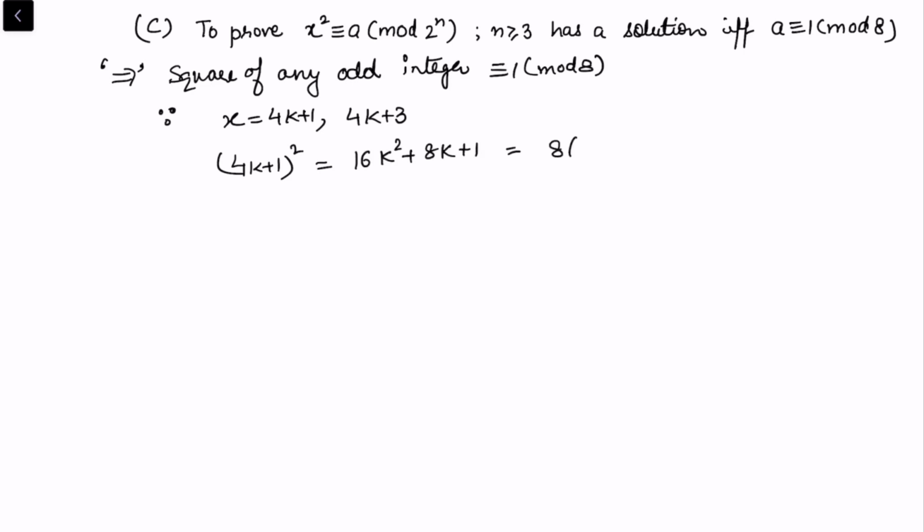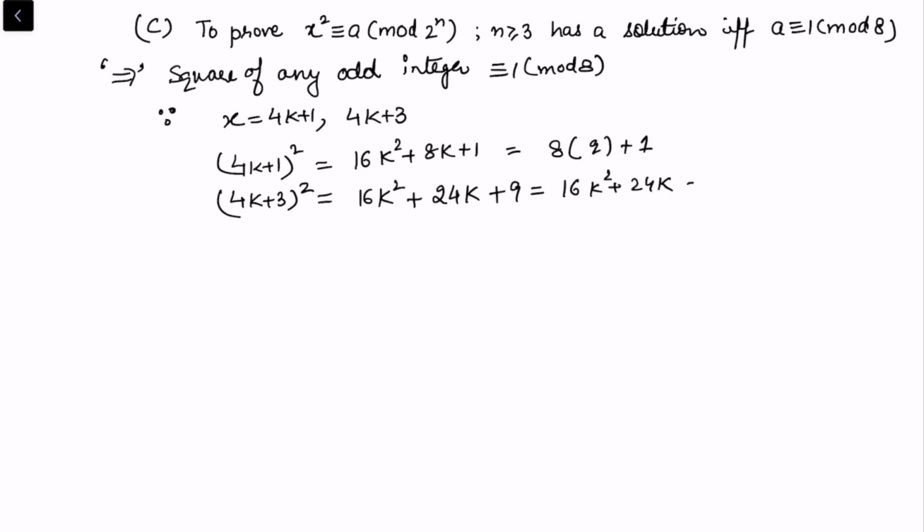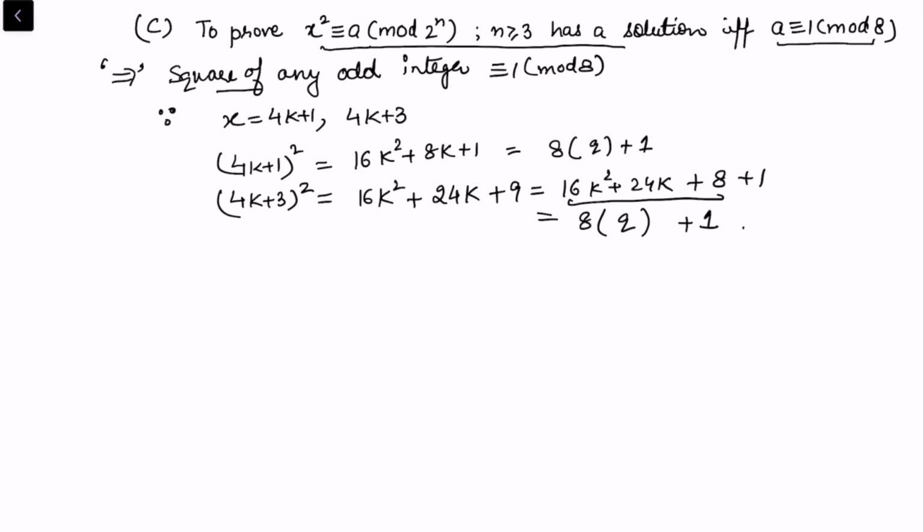So we can see that this is of the form 8k plus 1. Similarly, 4k plus 3 whole square becomes 16k square plus 24k plus 9, and 9 I can write as 8 plus 1. From here I can take 8 common, giving 8 times a quantity plus 1. So again it is of the form 8k plus 1. So the result is obvious: if this has a solution, then a must be congruent to 1, because we are saying x square is congruent to a modulo n has a solution. Whenever we have an odd integer, this condition is automatically satisfied.